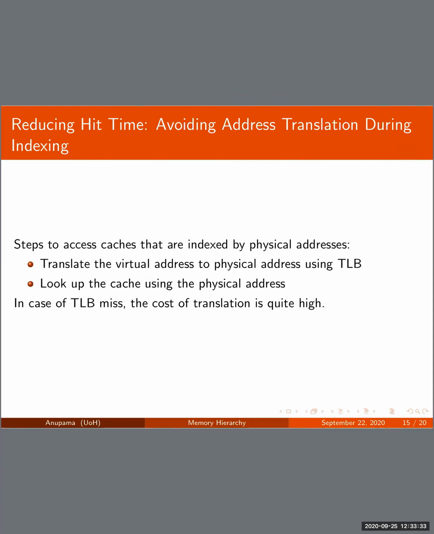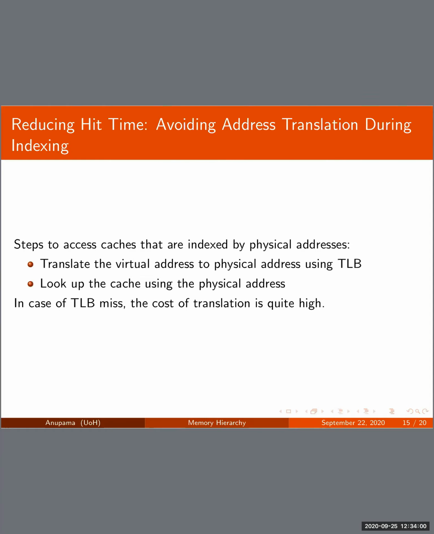Now, cache addresses are physical addresses, okay? So when you talk about access from the processor to the memory, the processor gives you a virtual address, right? The processor puts out the virtual address, which goes to the MMU, the memory management unit, which you studied about, I hope, in your COA class.